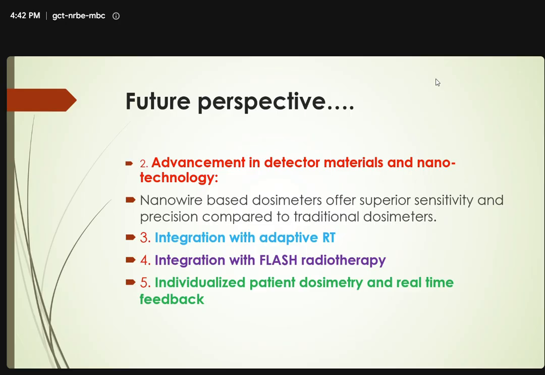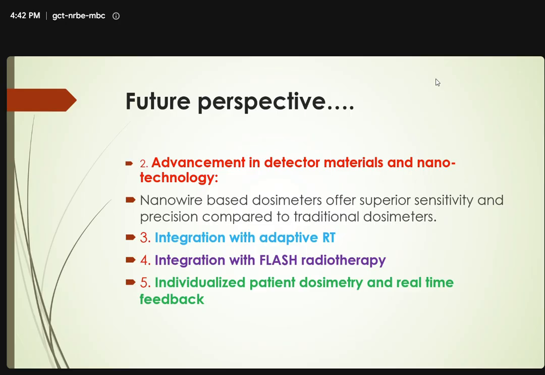Third is the integration with adaptive radiotherapy. So, adaptive radiotherapy involves modifying treatment plan in response to changes in patient anatomy or tumor characteristics.